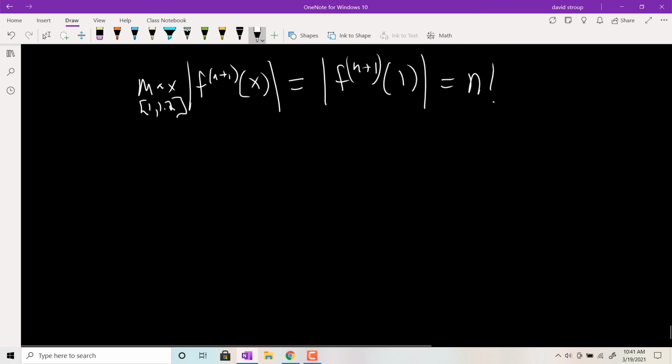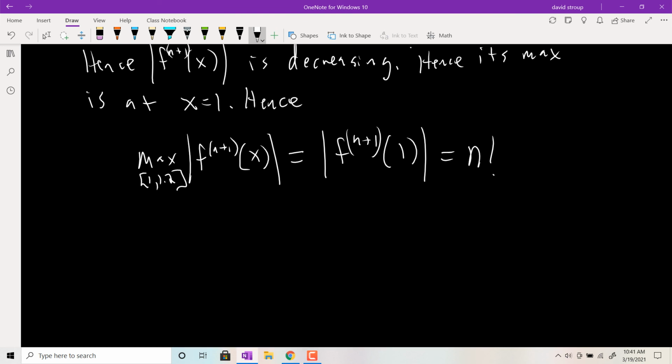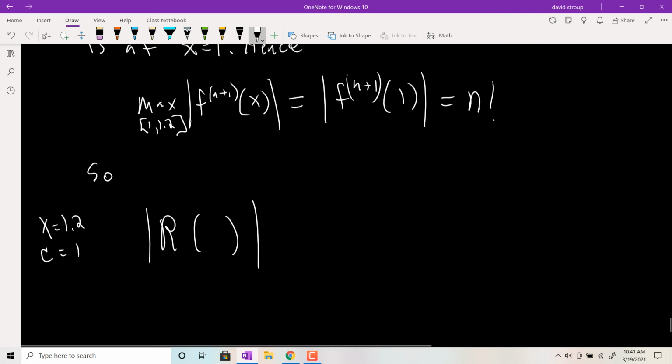Okay, so now finally we can go back to our remainder function. So here's our r sub whatever of x. Let's see what information we have. We know x is 1.2, c is 1, n is unknown, and then the max thingamajig we found to be n factorial.